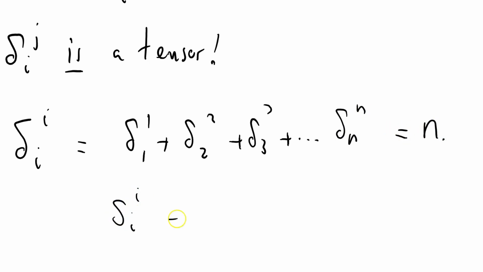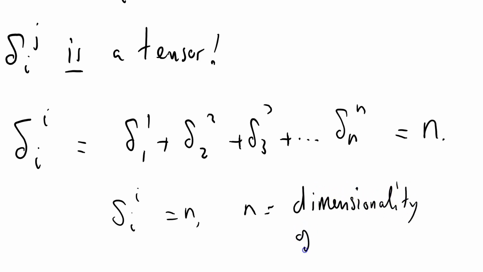Delta ii equals n, where n is the dimensionality of the space. It's quite a handy thing to know. I can't quite imagine being trapped in a space and not knowing what dimensionality it has, but if I was in that situation, I would evaluate delta ii, and whatever it would be, that would be my number of dimensions in my space. So I'm going to stop there.